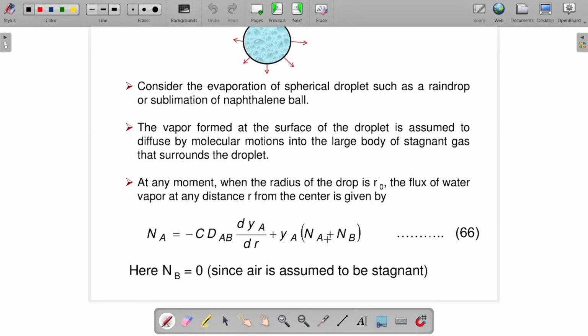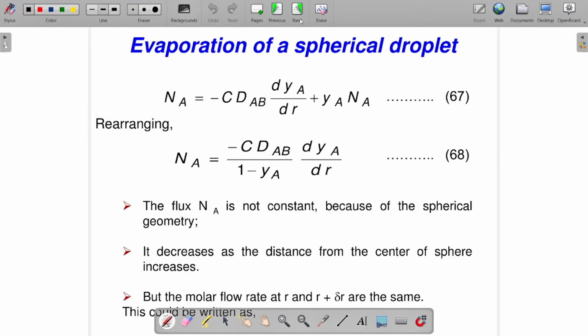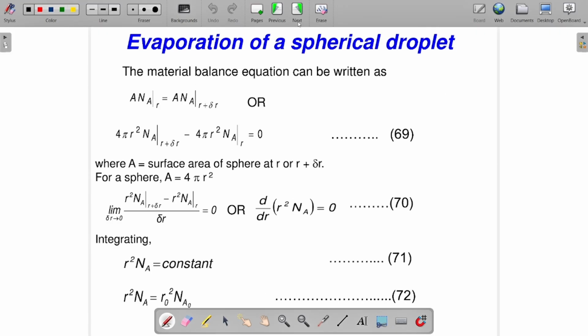But since we are talking about a spherical thing, we talk about the radius, not the thickness or the distance Z. That's the only difference, and the boundary conditions might also change.